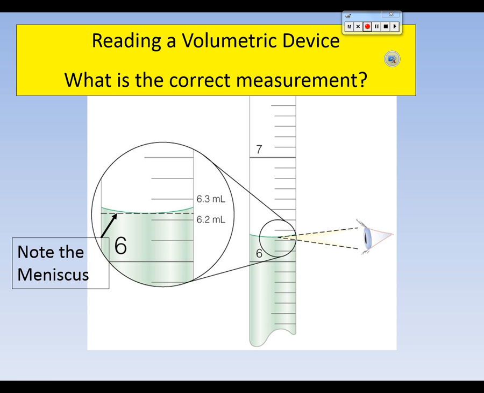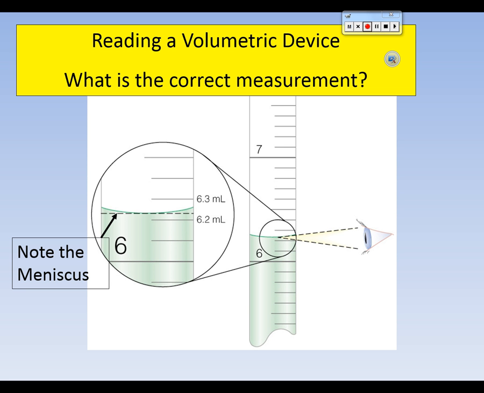Aaron, go ahead. 6.24. 6.24, Aaron says. Is that acceptable? Yes. Okay. 6.23, another acceptable answer. 6.22, another acceptable answer. Anybody think that it looks to be about a quarter of the way between 6.2 and 6.3? But can we go 6.225? No, right? Too many certain digits.